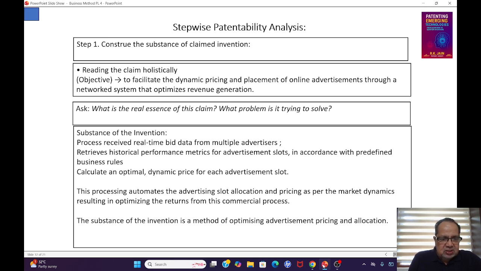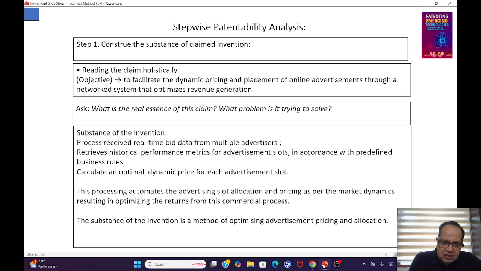In the first case, the process is receiving real-time bid data from multiple advertisers. Then, simultaneously, it is retrieving historical performance metrics for the advertisement slots in accordance with the predefined business rules. Based on those business rules, it calculates an optimal dynamic price for each advertisement slot.